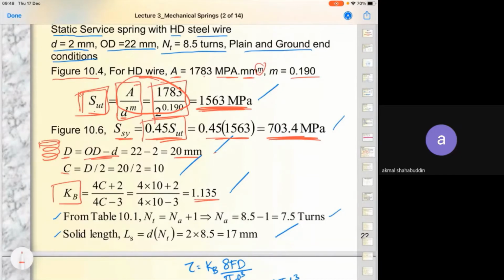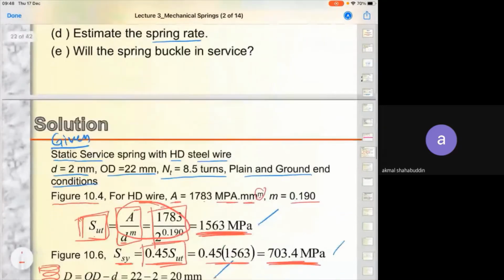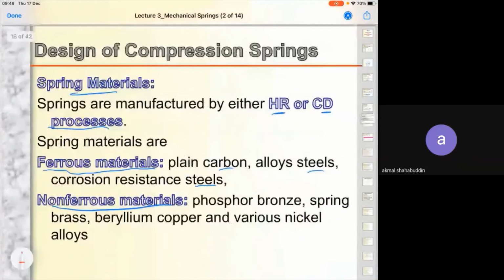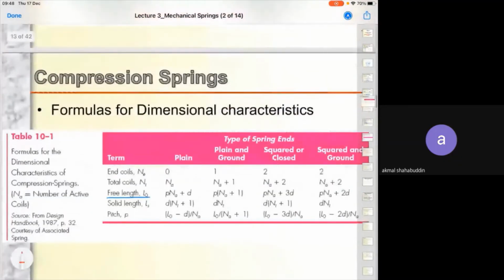Comparison. From table 10.1 tadi, NT yang kita punya adalah plane and ground. Tengok sikit plane and ground. Okay. Plane and ground ini dia. So nanti bila dalam exam, tunjuk macam ni.